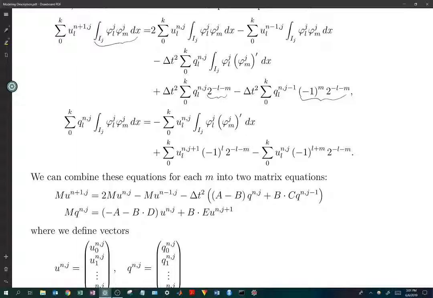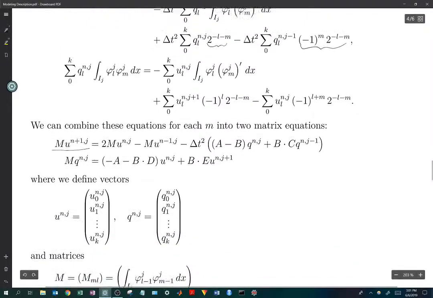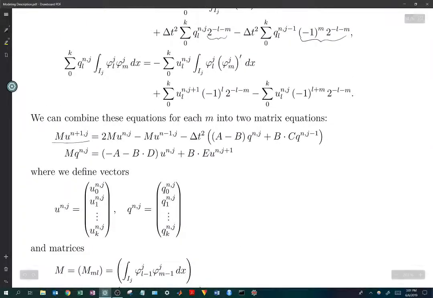So we transform that into this, where M is a k plus 1 by k plus 1 matrix, and it's given by this. Typically you write A equals a_ij, where a_ij is the entry in the ith row and jth column. However, I'm already using i and j here, so I don't want to use those again because that'll be confusing. Instead I use m and l, where m corresponds to the row and l corresponds to the column.